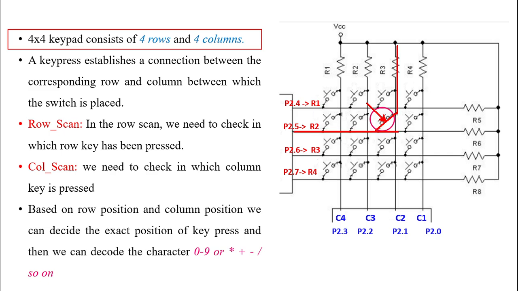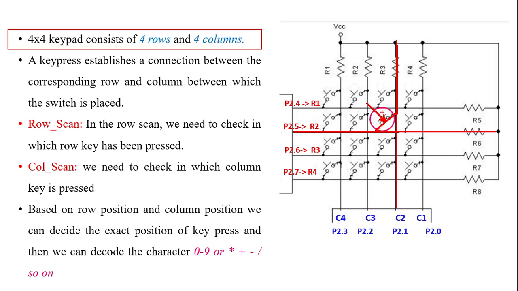Whenever you press the key, this is going to create a contact between one row and one column. So the particular row and column will go high or go low, depending upon the design. Based on that low or high signal, we can detect the position of the key.